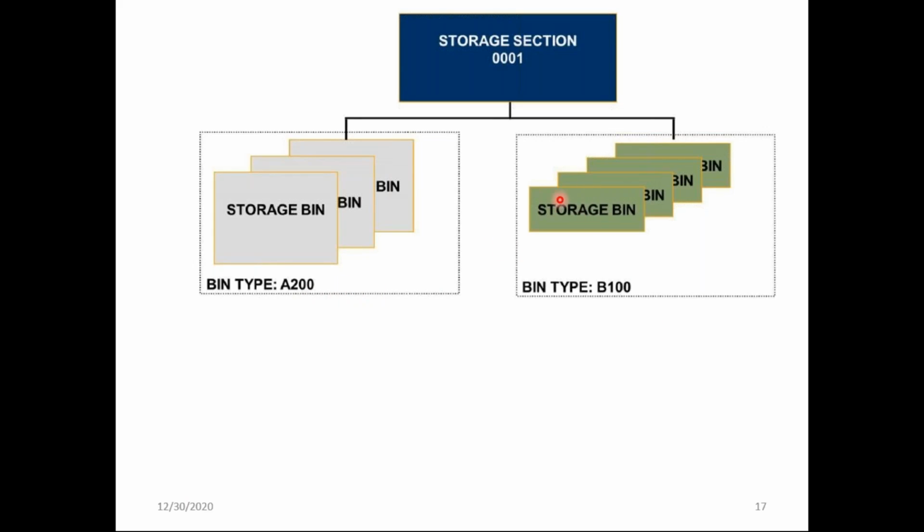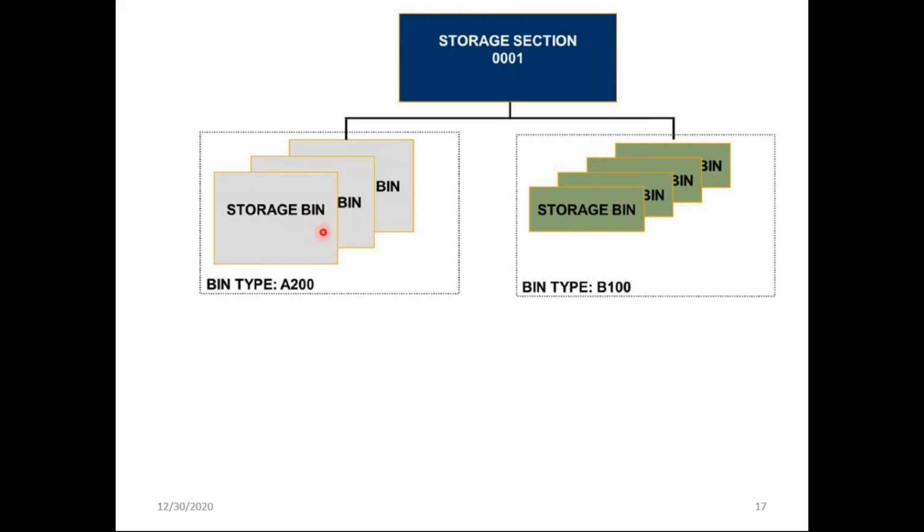Yeah, the bin type here, look at the picture. Bin type A200, the size of the boxes is different. Bin type B100, the size of the boxes is different. Here it's more of a square, and this is a rectangle.